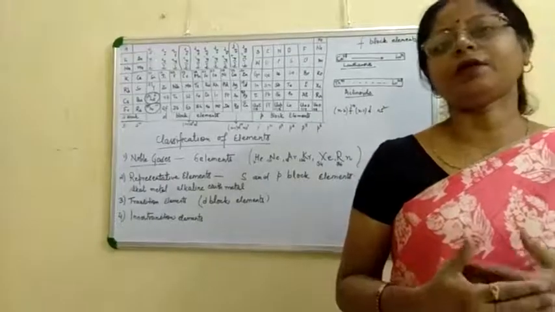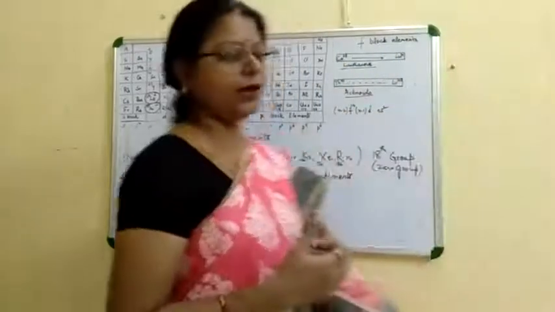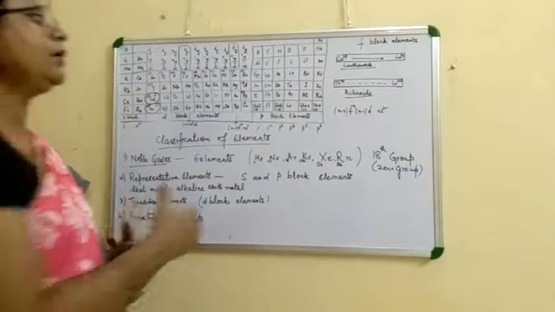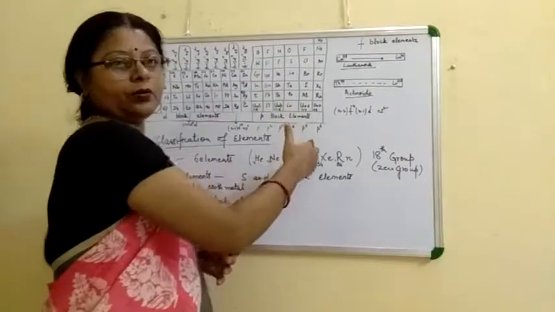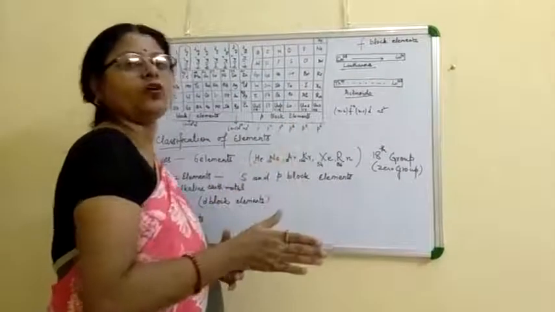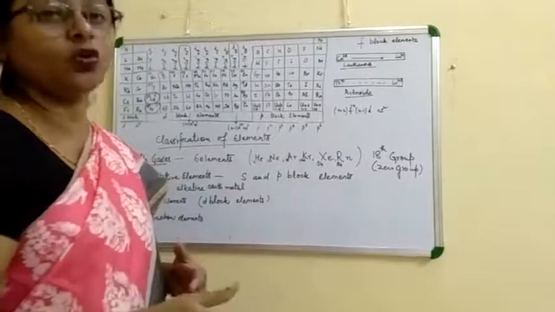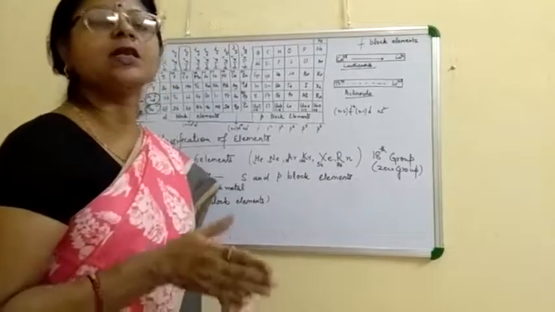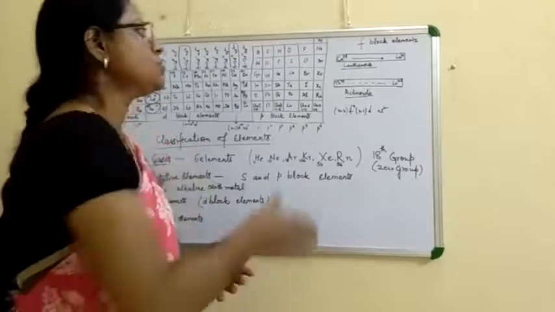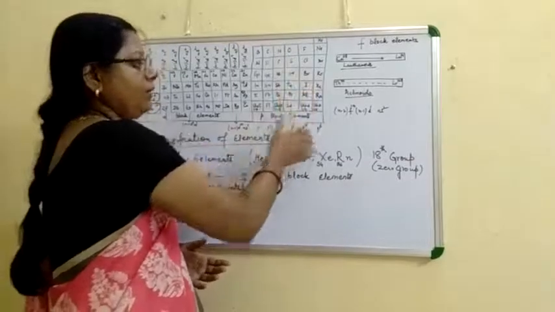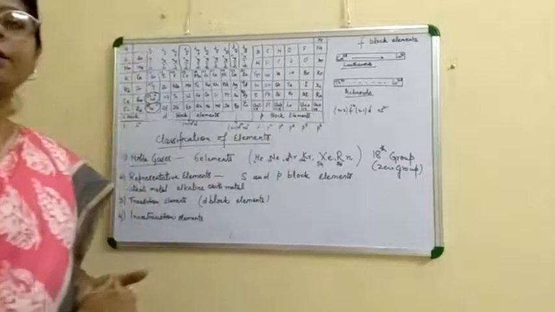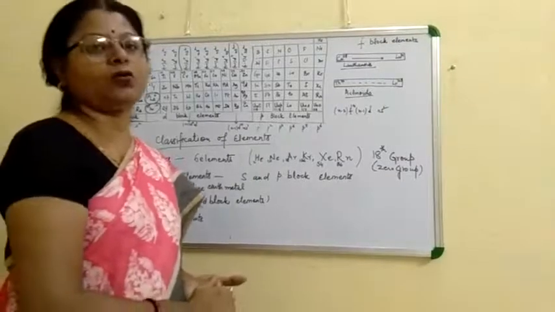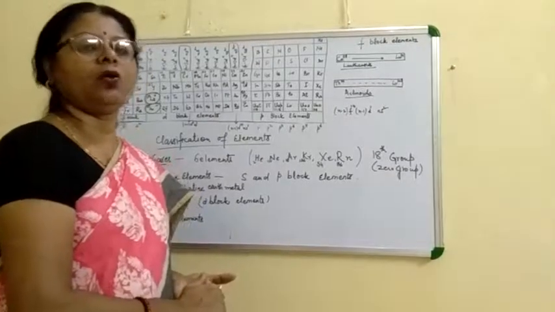First type of elements are known as noble gases, which are present in the 18th group, that we call the 0 group in the modern periodic table, and in the long form periodic table it is known as 0 group elements. So these p block elements have a complete p orbital as they contain 6 electrons in the p orbitals.